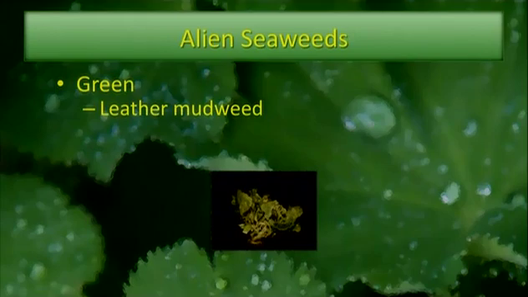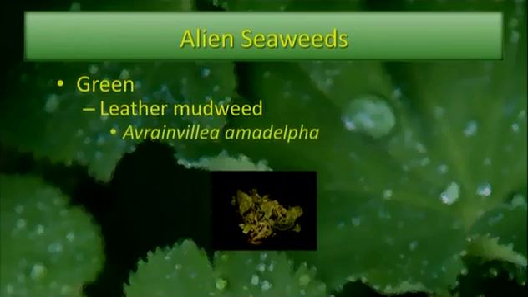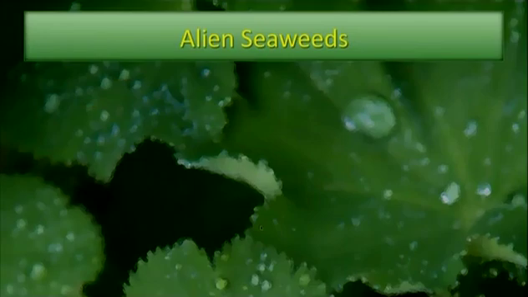It was first seen in 1981 off Kahe Point. See, that was 1981, and it only took a few decades for it to get out of control. So these are like the monster weeds. Avrainvillea amadelpha is the scientific name of this particular seaweed. That's a green. Now the others are reds, okay?